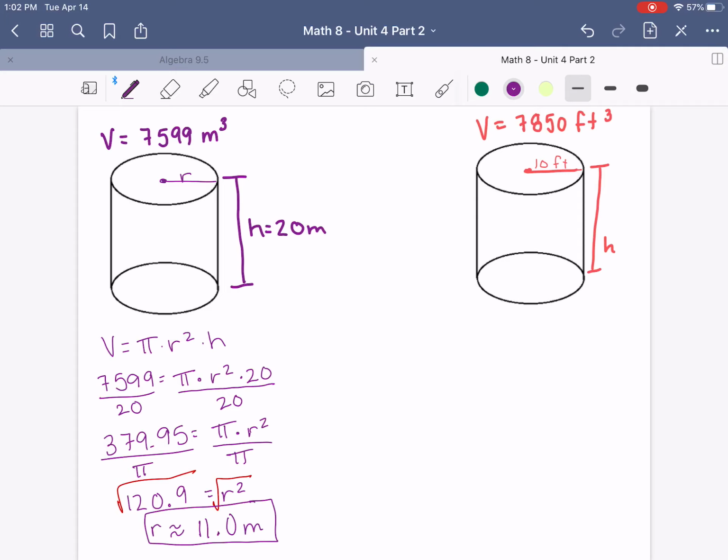Last one, same type of problem. We're figuring out the height on this one, so we're back to the height. So our volume is 7,850. Pi is pi. Our radius is 10, and our height's what we're figuring out.